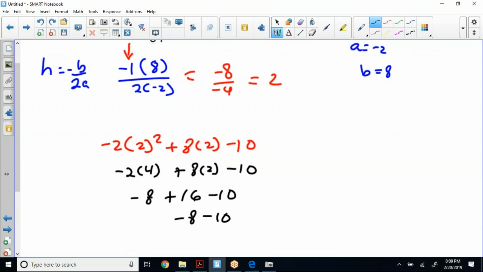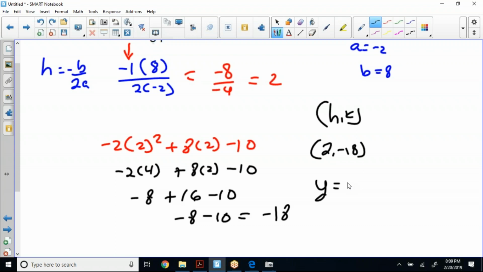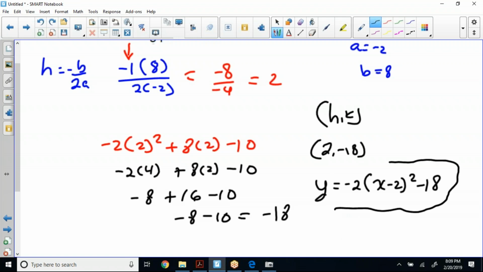So that's negative 8 minus 10, which is negative what? 18. So I got an H and a K of 2, negative 18. And then my A is negative 2, right? So when I write this, it'll be negative 2x minus 2 squared minus 18. So what do they have on the answer key?